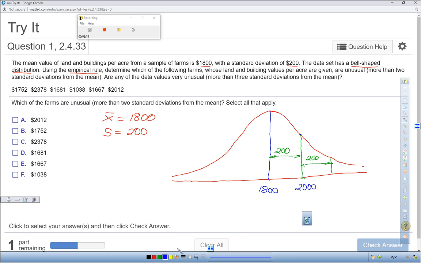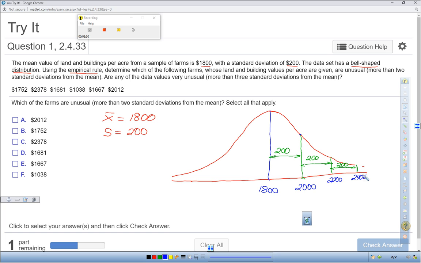So therefore here we have the 2200 mark position. And now we need to add 1 more standard deviation. So from here to here is another 200. So 22 plus 2 is 24. So this mark belongs to 2400.